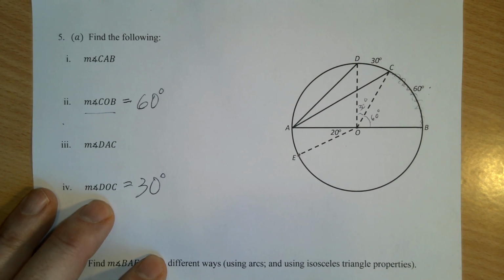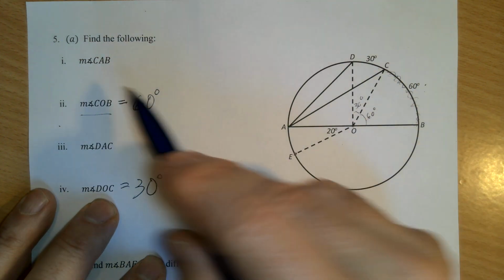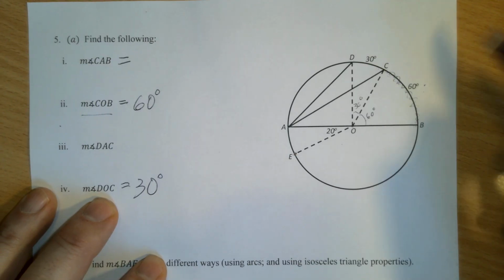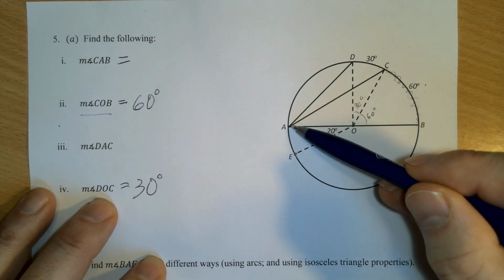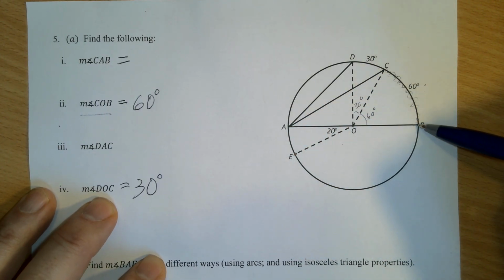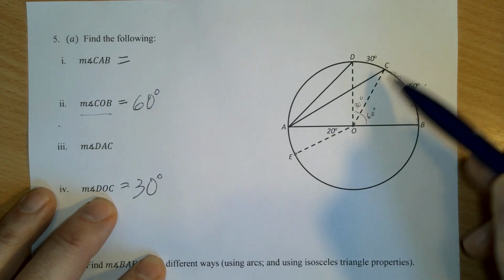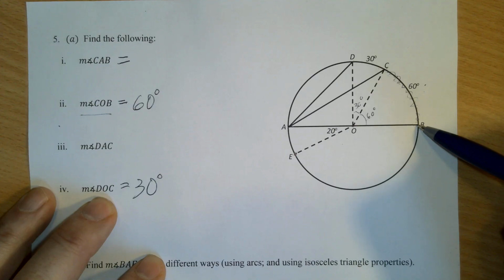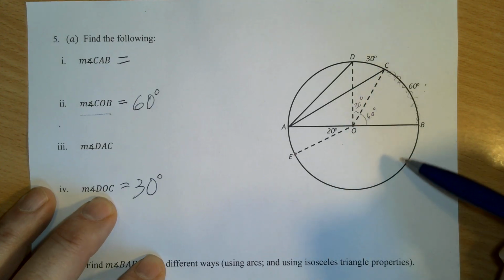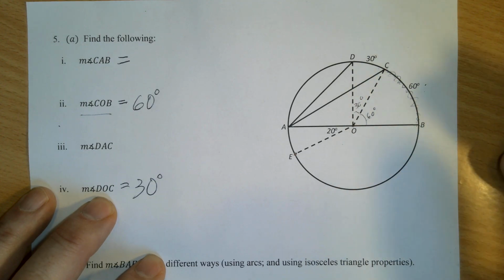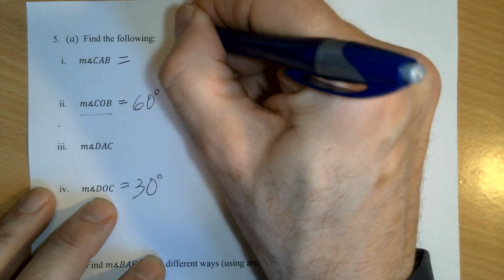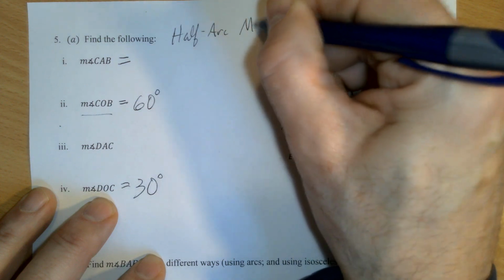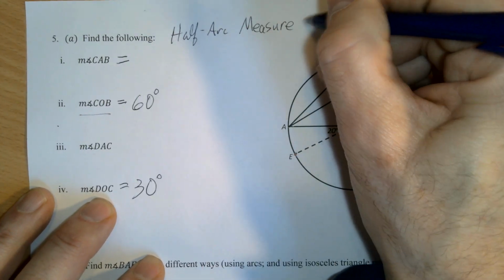Okay, now let's look at the measure of angle CAB. Where is that? Well, that is not a central angle. That's an inscribed angle, CAB. And remember our theorem, I think we called it a lemma. I'm going to write it up here: half arc measure lemma.